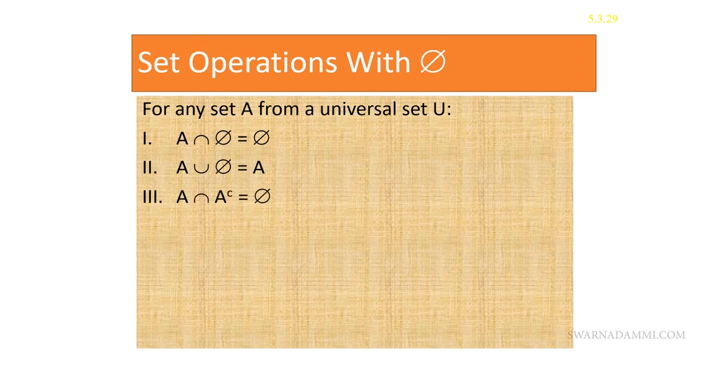In third, you can see here A intersection with A complement is also giving us the empty set as a result of that operation. Next, A union A complement gives us the universal set.